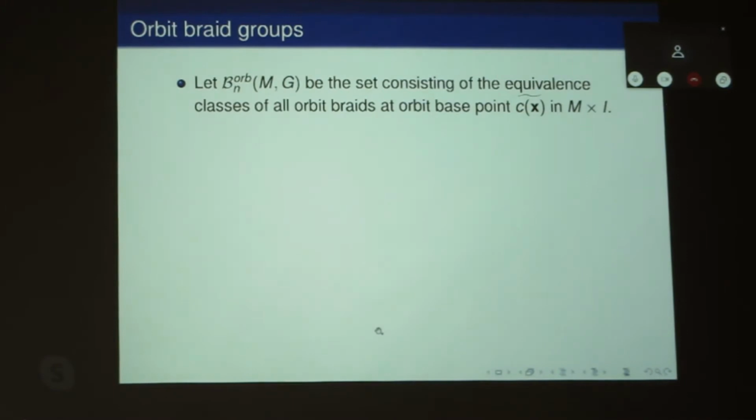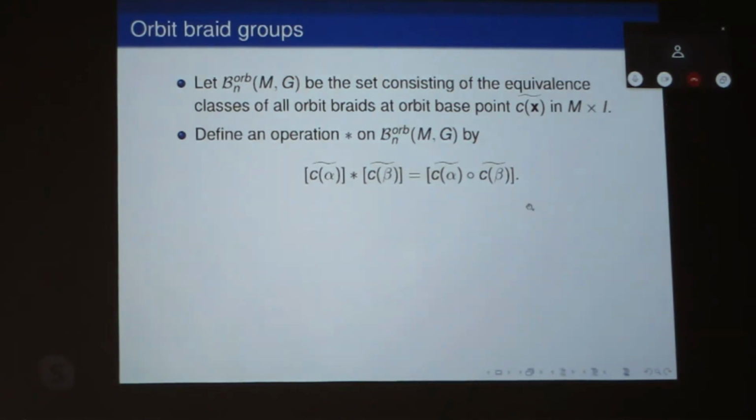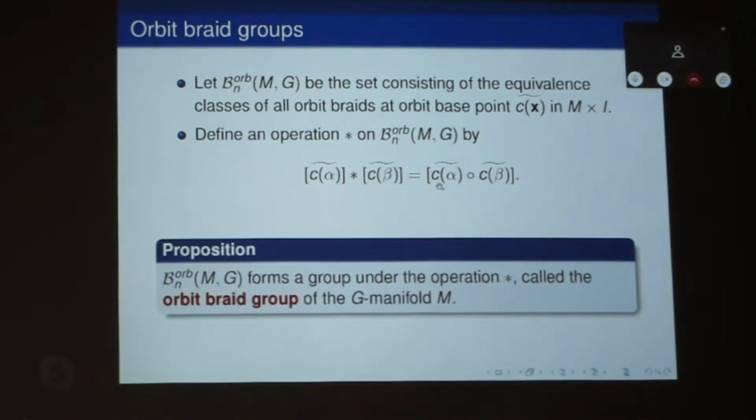Now let this one be the set consisting of the equivalence classes of all the orbit braids, now with orbit base points. In this case, we can define the operation. But we know this operation is usually not associative.